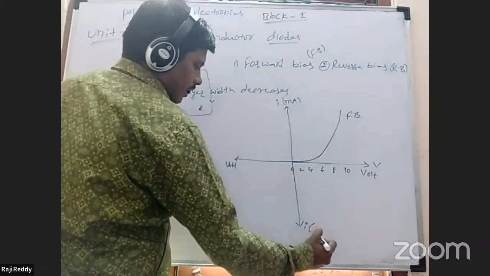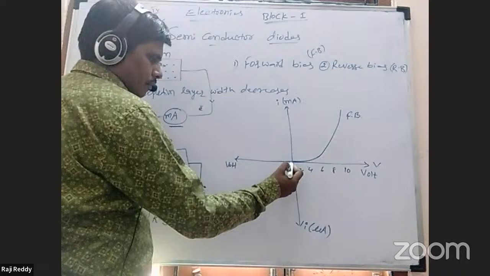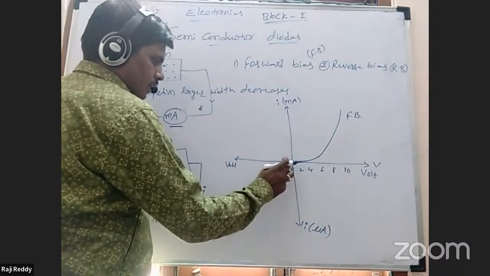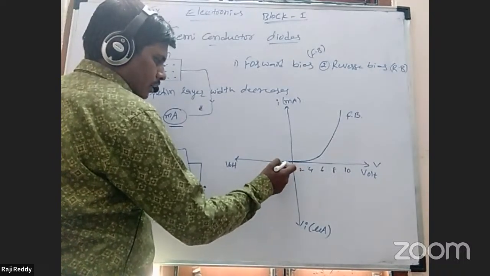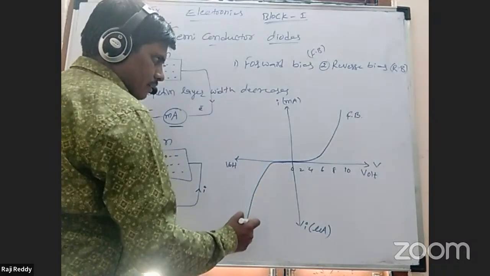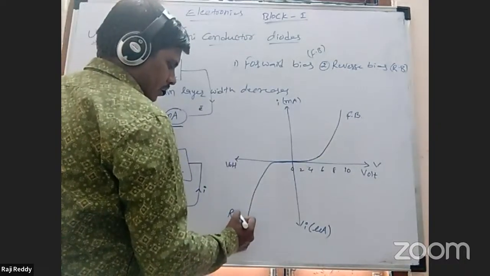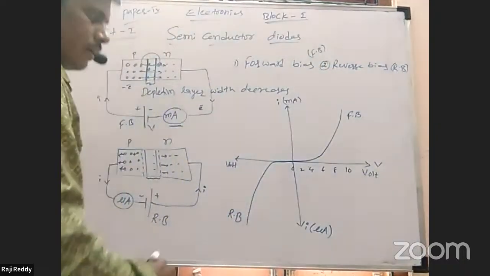Current in reverse bias is in microamperes. Up to a certain applied voltage there are no changes, and after that the current exponentially decreases in reverse bias.